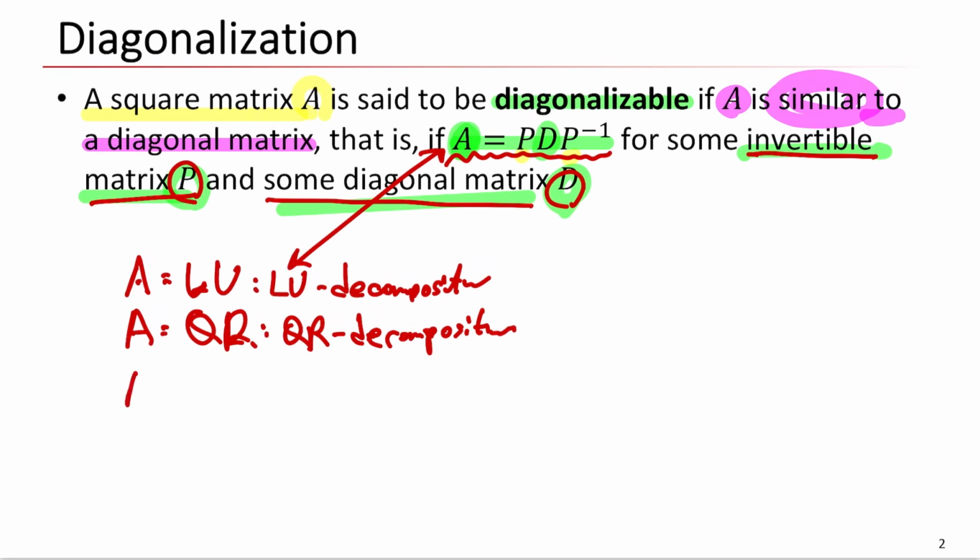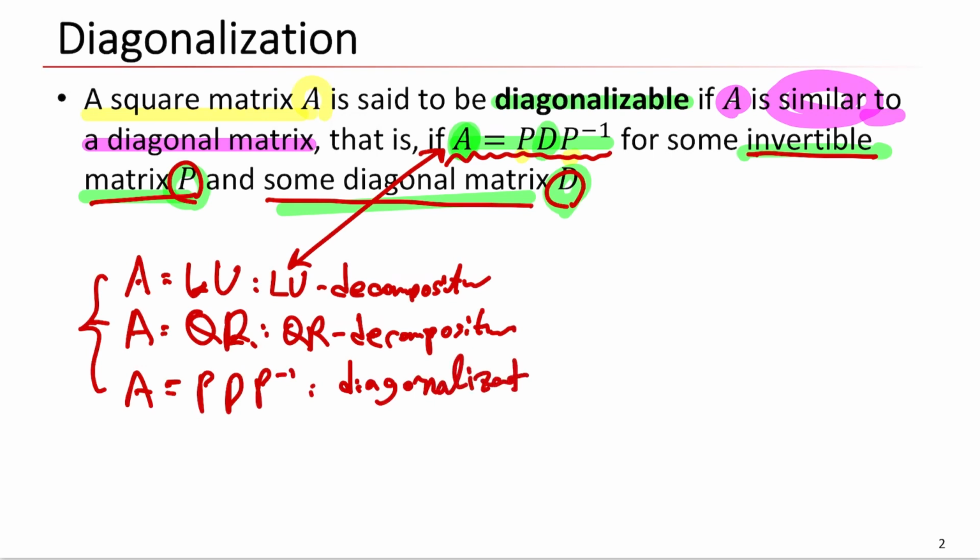And today we talk about PDP inverse, so diagonalization. So I strongly suggest you summarize these kinds of transformation and decomposition methods and compare the properties of each one, right? You have to understand the concept. So anyway, today we will talk about the diagonalization.